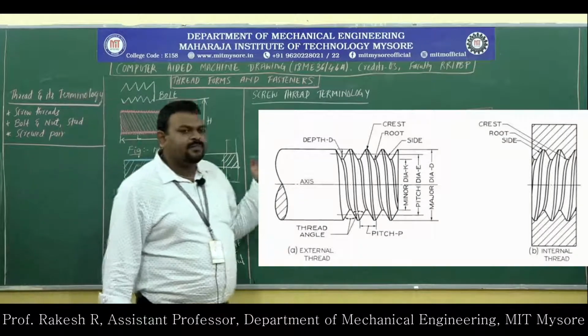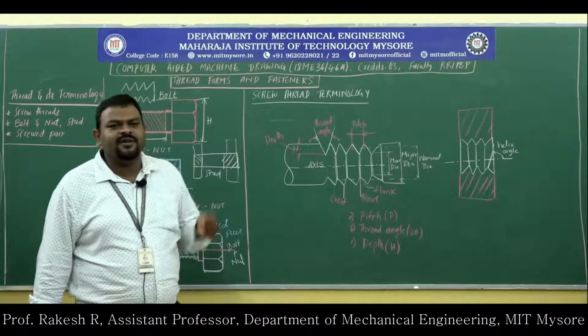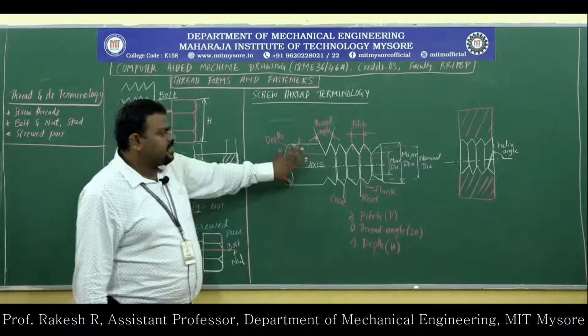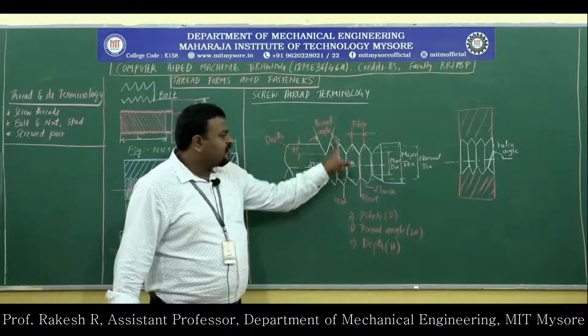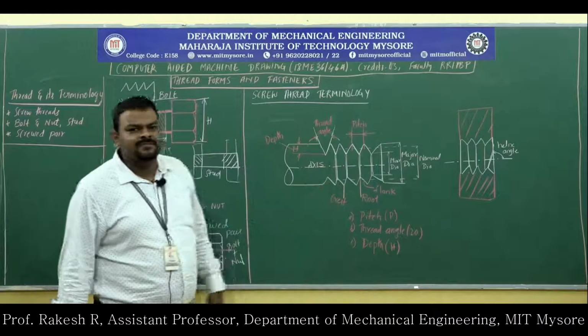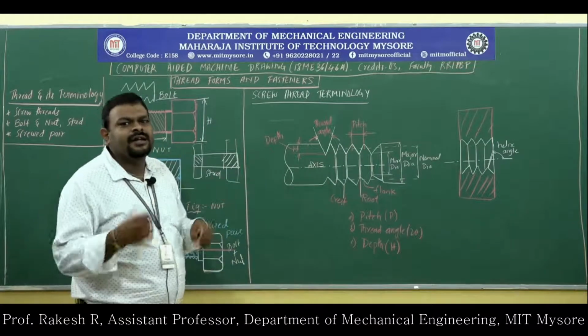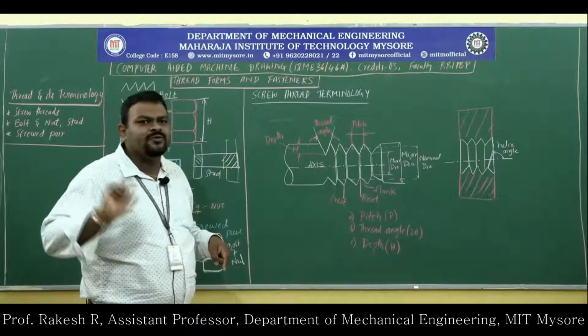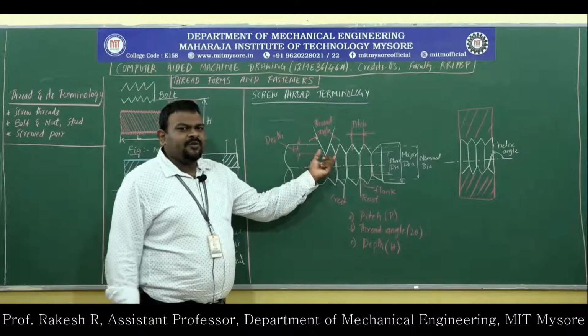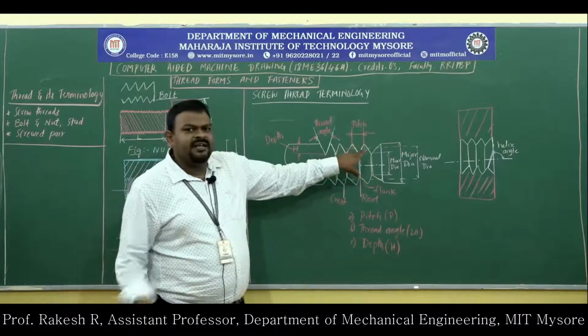So this diagram represents the nomenclature or terminology of screw threads. So this is a cylinder which is having grooves, V grooves. It can have any of the grooves. It may have rectangular grooves. It may have V grooves. So referring to this, first you have to remember the diameter.